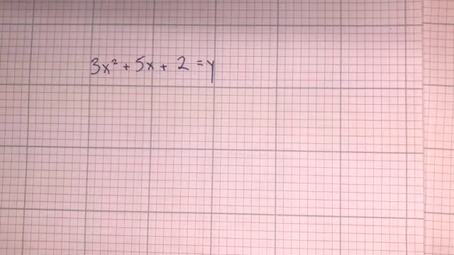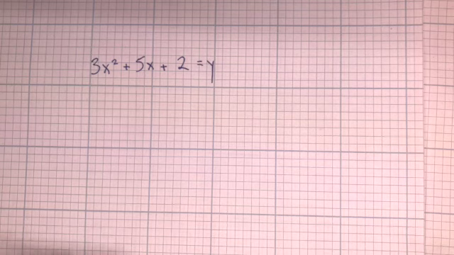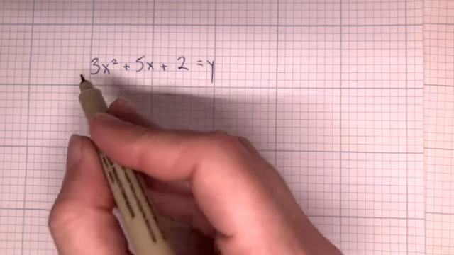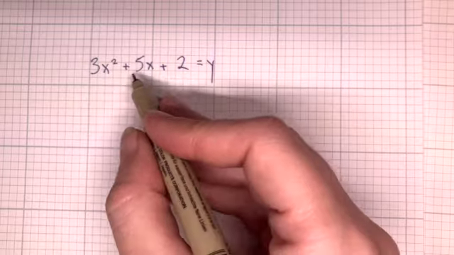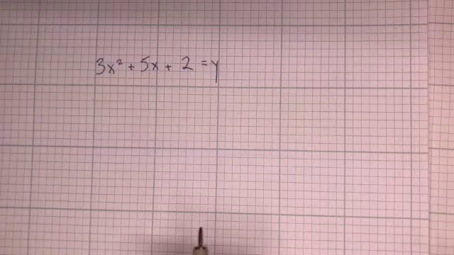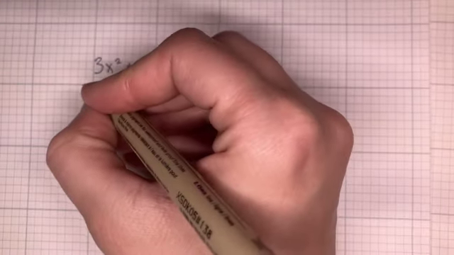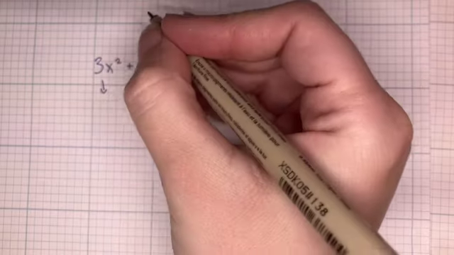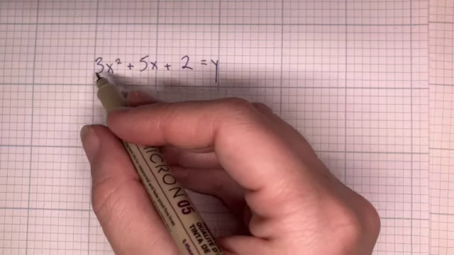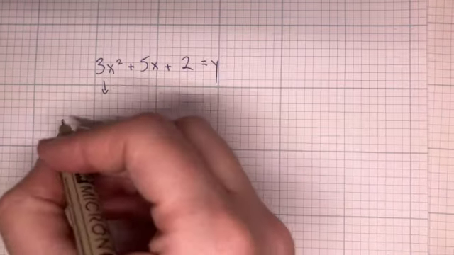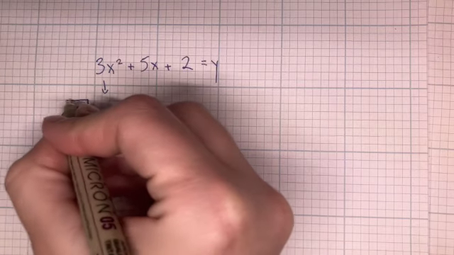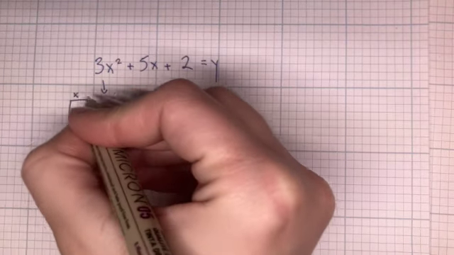And so I would like you to pause and just take a moment to think about how you would draw out 3x squared plus 5x plus 2. So 3x squared, well, that's the same as the area of 3 squares with side length x.